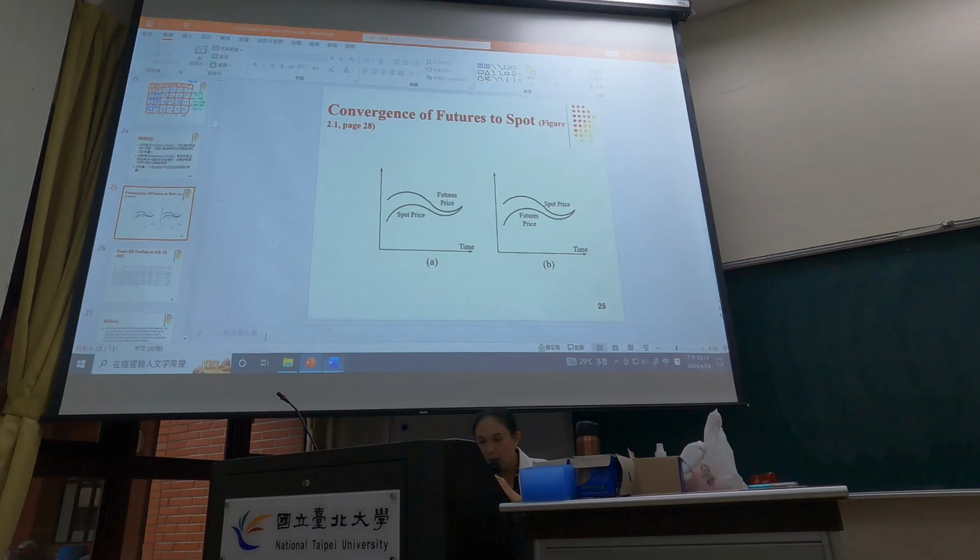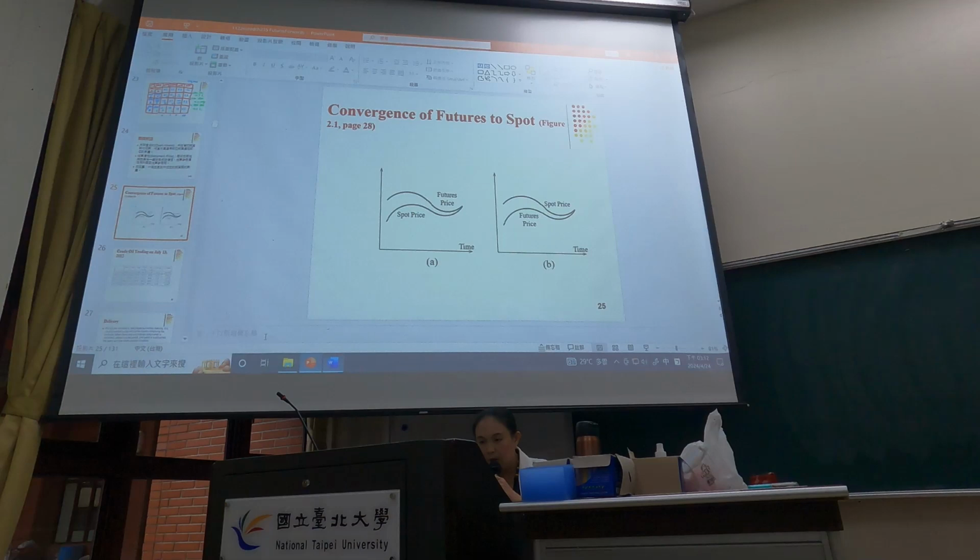You guys follow me? So basically, if you start from today, that's time 0, and this time point here is T. This is the price of the underlying asset. From today, there's a difference between S0 and F0, right?